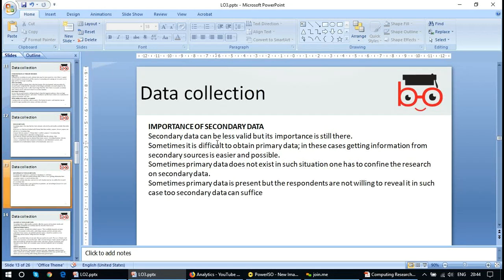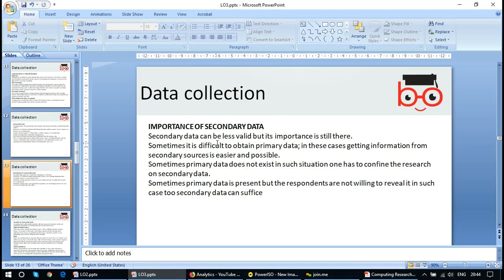The importance of secondary data. It's not the case that the secondary data doesn't have a value. It may be less valid, but it is important. Its importance is still there. Sometimes it is difficult to obtain primary data.